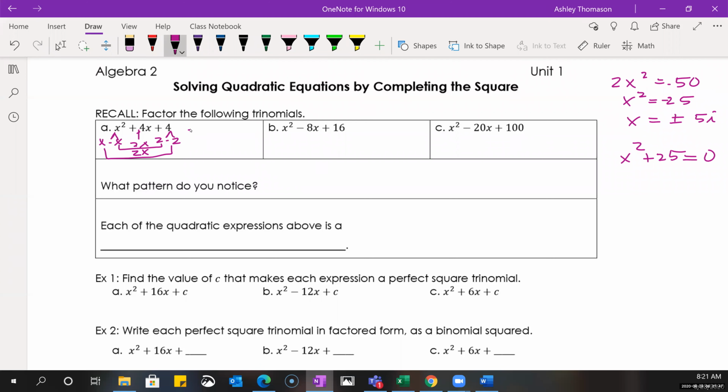If I want to factor this, I can factor it to x plus 2 quantity squared.